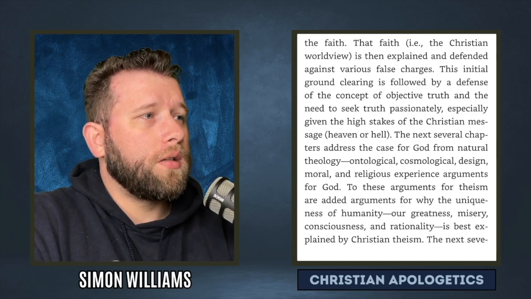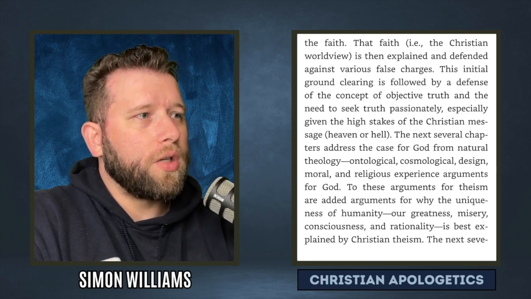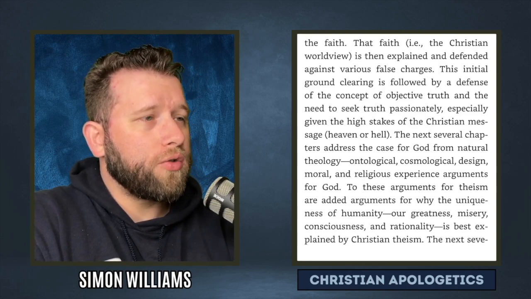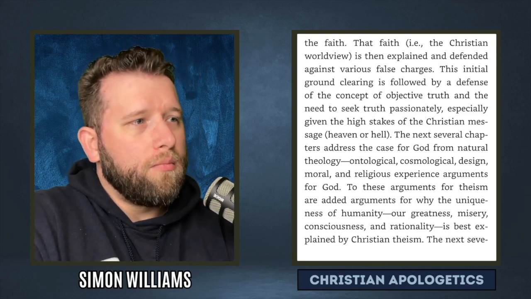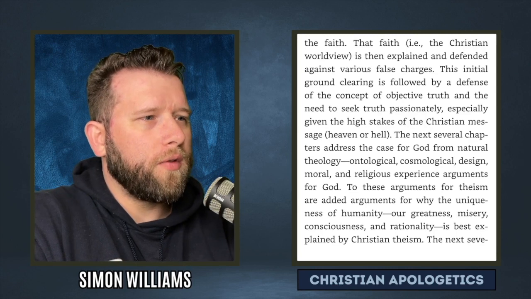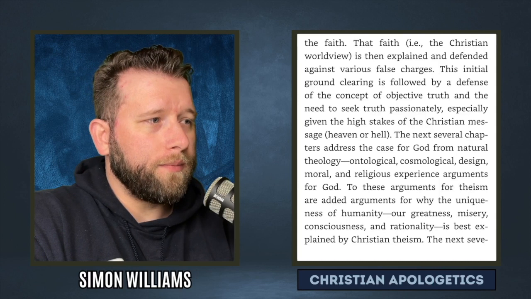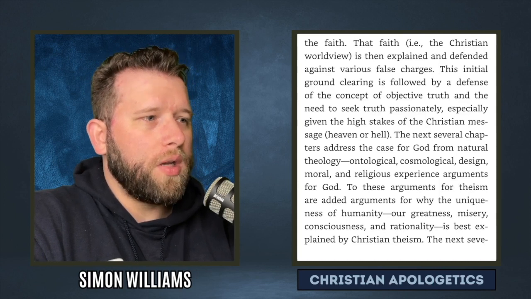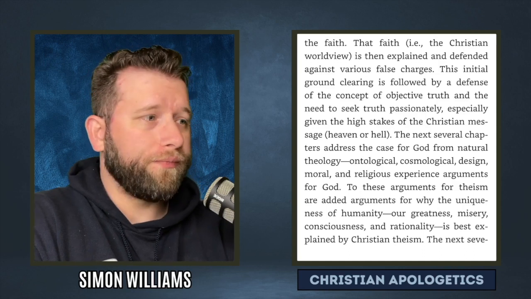The next, so Dr. Groothuis continues, the next several chapters address the case for God from natural theology, ontological argument, cosmological design, moral and religious experience arguments for God. To these arguments for theism are added arguments for why the uniqueness of humanity, our greatness, misery, consciousness, and rationality is best explained by Christian theism.